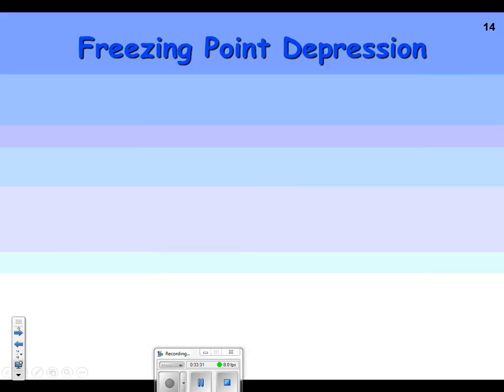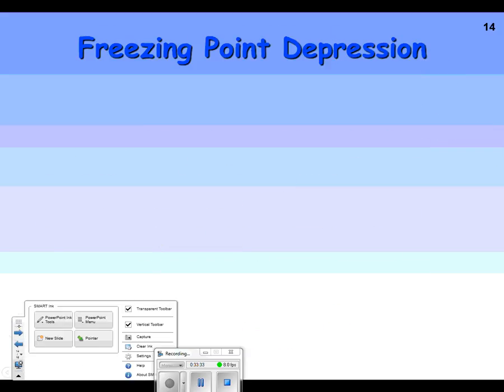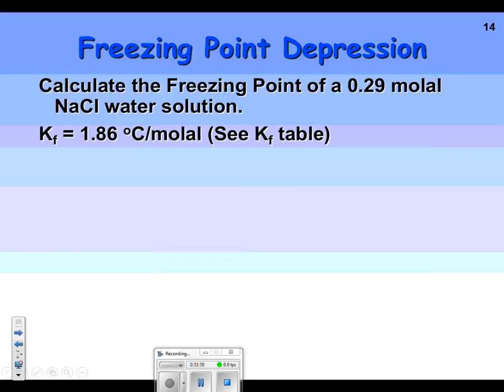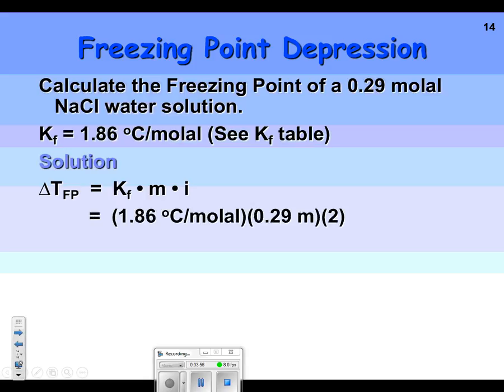Okay, so going forward, freezing point depression, we're going to do the same kind of thing. We're going to get the KF from the graph. We're going to use this 0.29 molal NaCl. So I just plug in everything I got. Wait a minute, NaCl. I've got to deal with the i. What's the i on NaCl? 2. Great. Now, plug everything in, multiply it through, and I get 1.1.